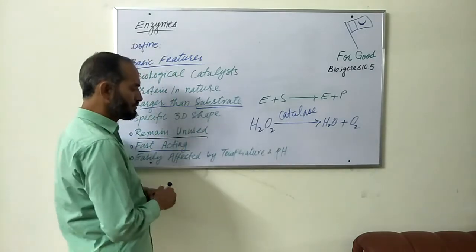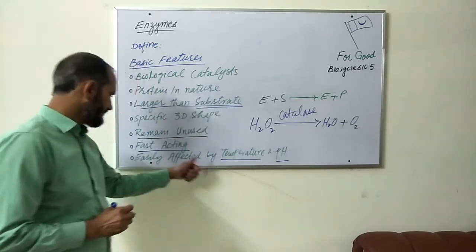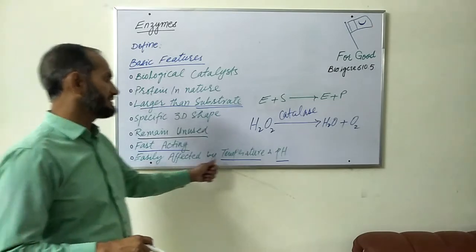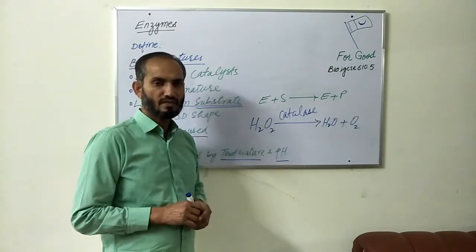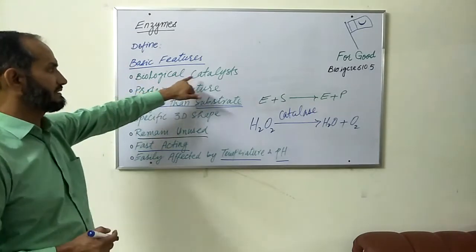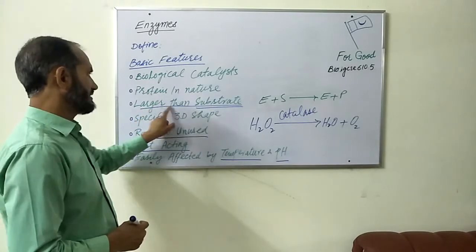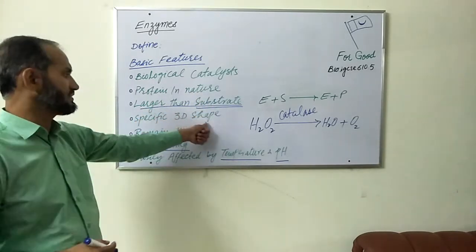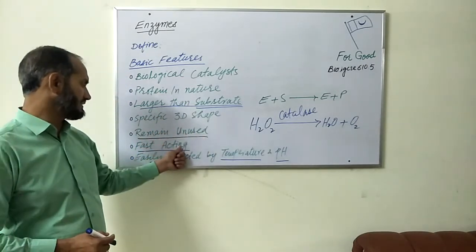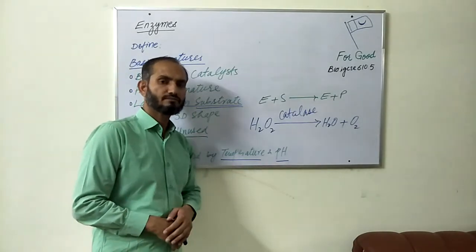So the two basic factors which are very easily affecting the enzyme structure and their speed of catalysis are temperature and pH. So these are just a few of the basic features of enzymes: they are biological catalysts, they are protein in nature of 3D shape, they are larger than the substrate, they remain unused, they are very fast acting, and they are easily affected by temperature and pH.